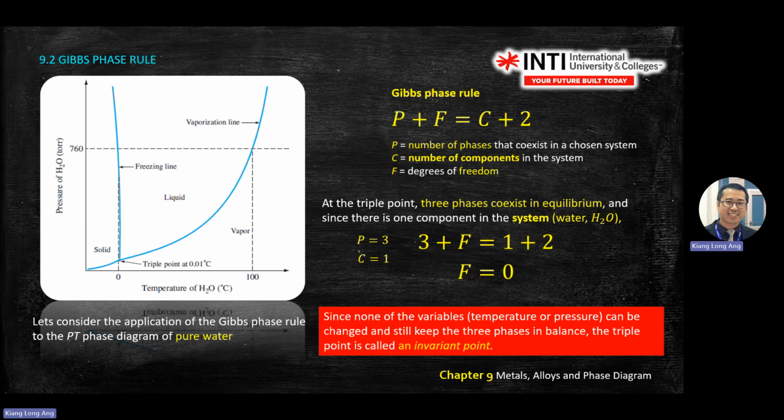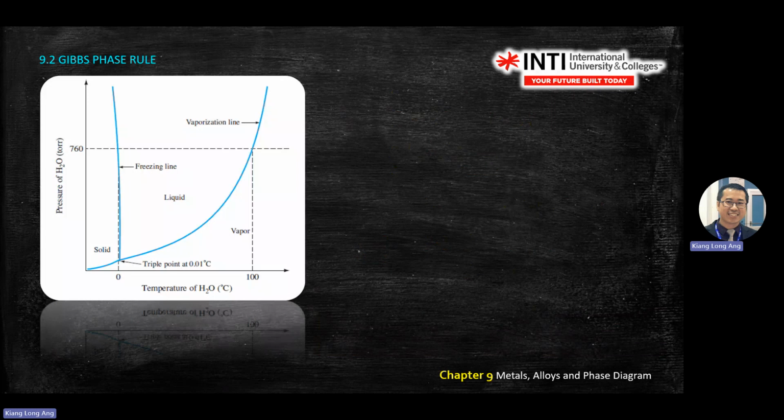It already has the 3 forms. I only have 3, so it cannot change anymore. So at the triple point, no freedom. It already has the complete state there. So 0 degree of freedom. This is how the chemistry works.